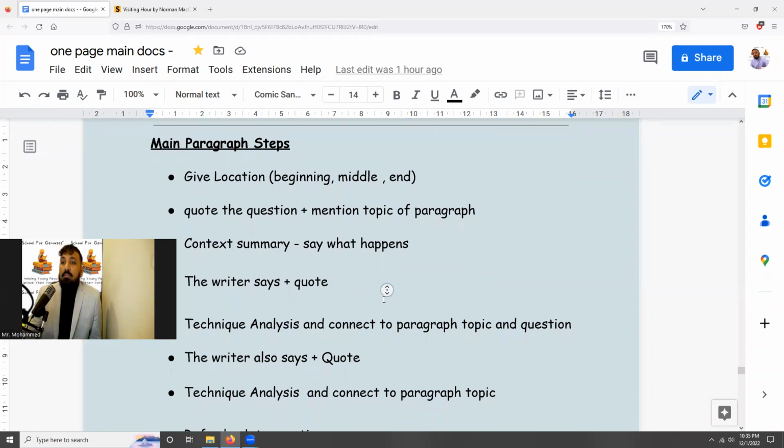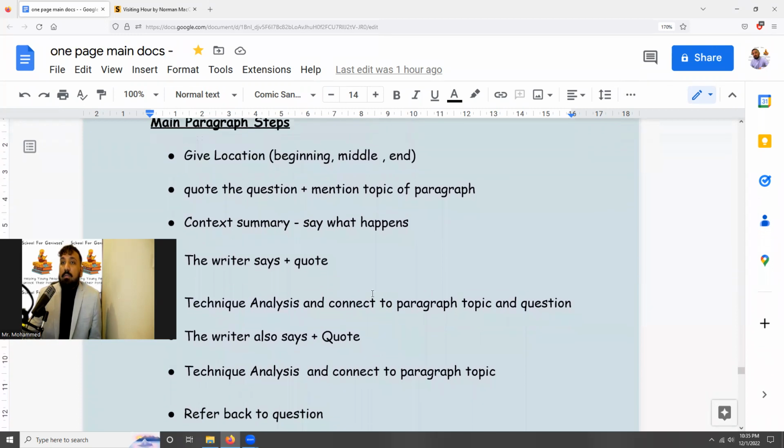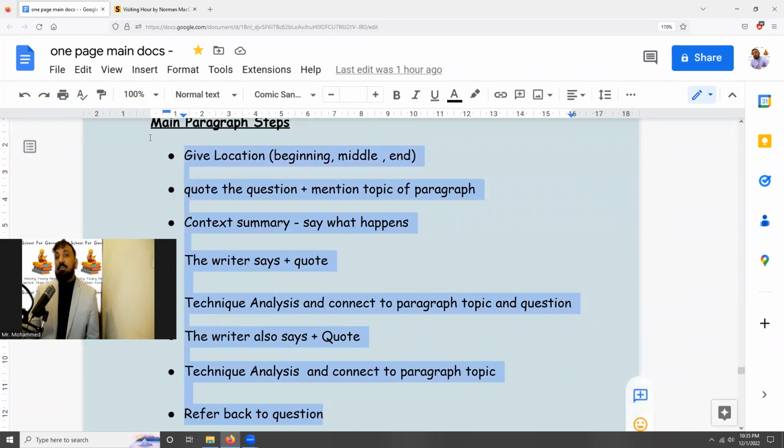Okay, so in terms of the main body paragraph steps, they are as follows. Now, it might seem like that is a lot of steps, and you might be thinking that's too many steps to remember or to understand.